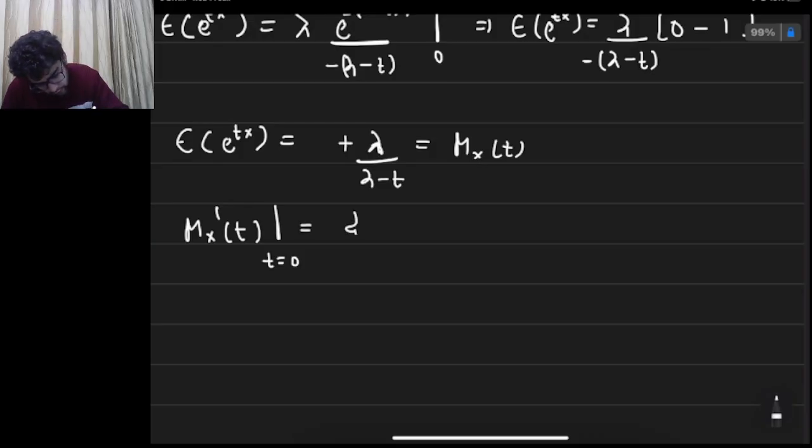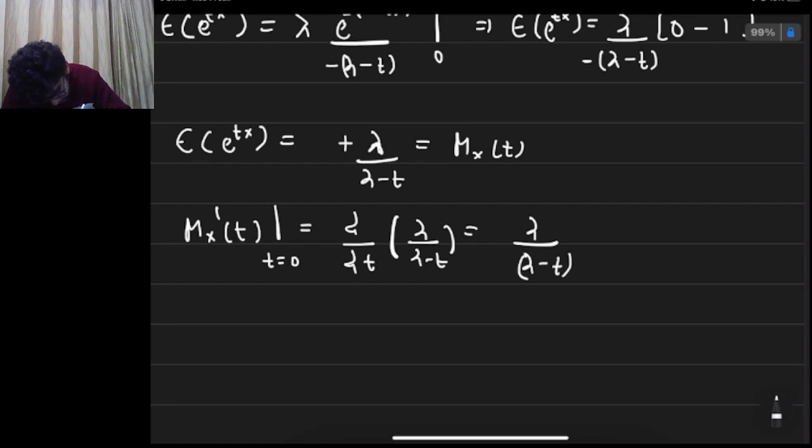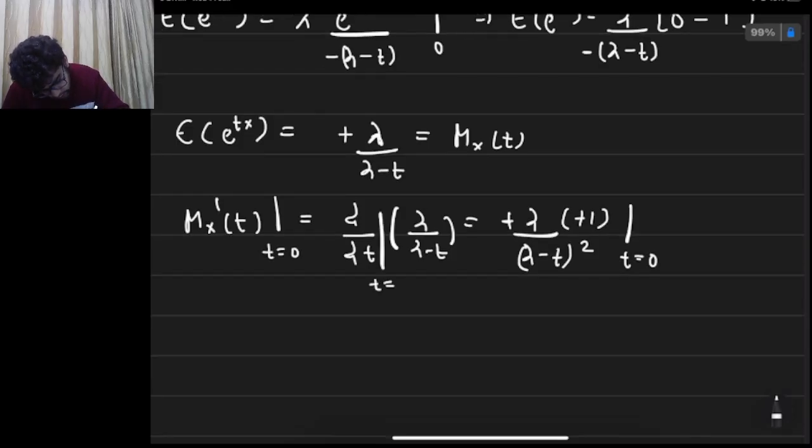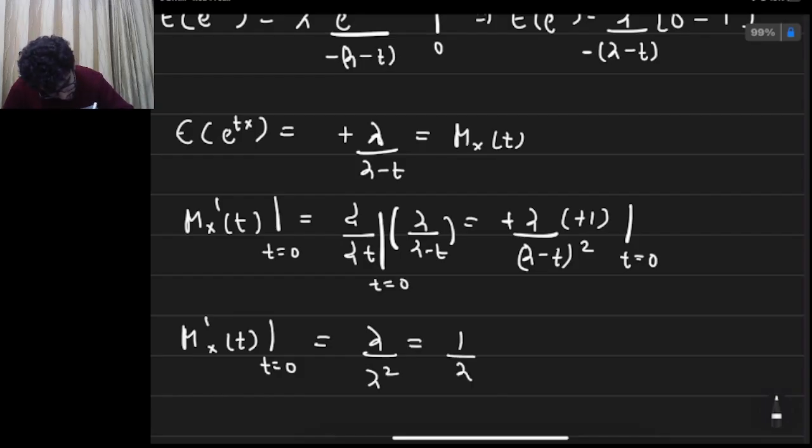If I differentiate lambda upon lambda minus t with respect to t, I'll get lambda upon lambda minus t whole square, and since it's lambda minus t, this will be minus 1 and again minus 1, positive. Now I need to put t equals 0. So my M dash x of t becomes lambda upon lambda minus t whole square, which is lambda upon lambda square, 1 upon lambda, which is equal to my expected value.